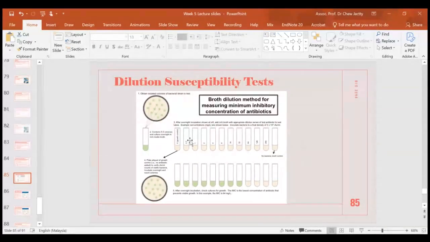You have different concentration ranges, and for those that have no growth, you determine the lowest concentration. That is what we call the minimum inhibitory concentration. You can also determine the minimal bactericidal concentration, MBC, by plating out tubes that have no growth and looking at the lowest concentration that has no growth on the new agar in the absence of antibiotics.